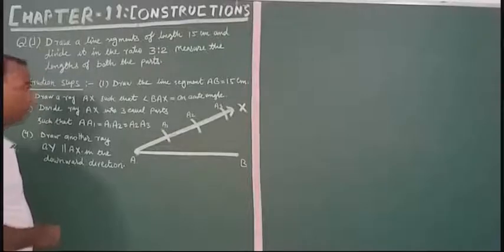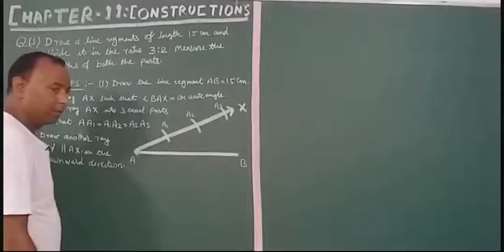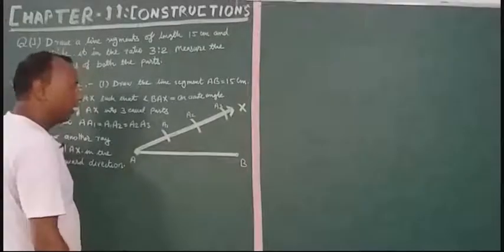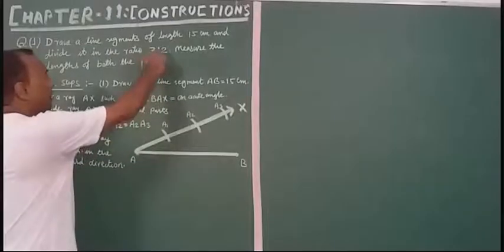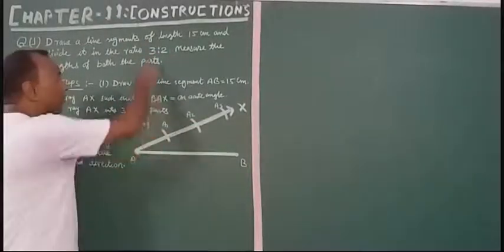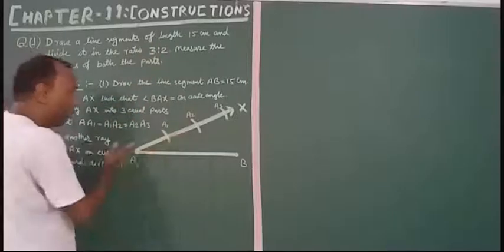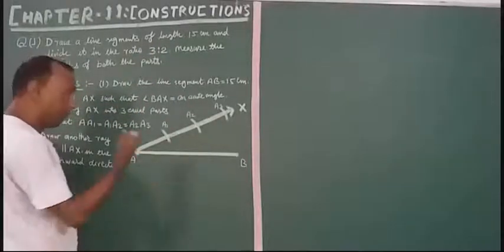Now we will divide this ray into 3 equal parts. Why 3 equal parts? Just look at the ratio, that is 3:2. So first we are doing 3 equal parts of this ray. How will we do that?